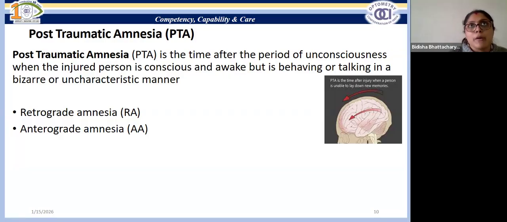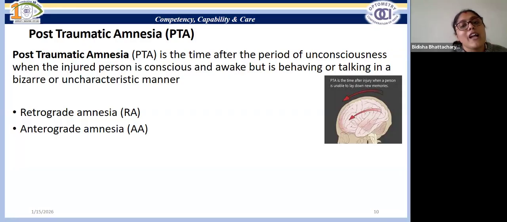They don't remember that, but they can remember what happened after the accident. This is quite common. Patients who come to your clinic will mostly be suffering from retrograde amnesia.